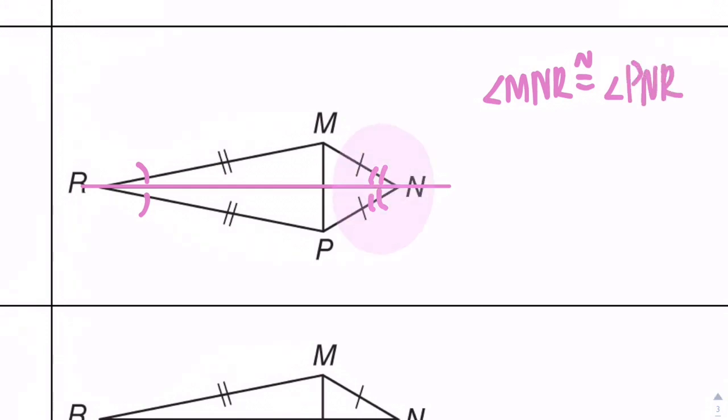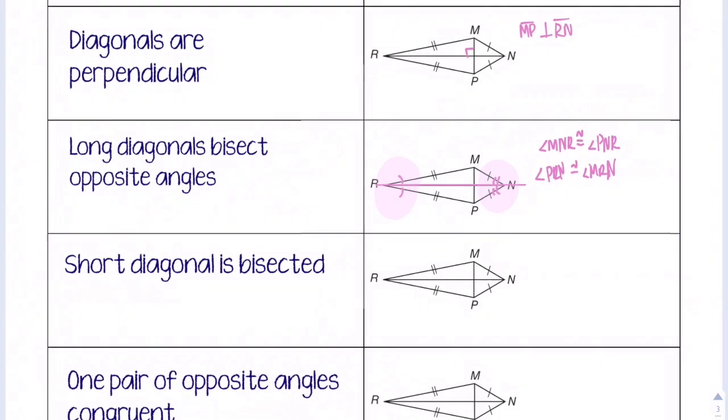That's talking about these two right here. Then angle PRN is congruent to angle MRN. And that's talking about those two right there.